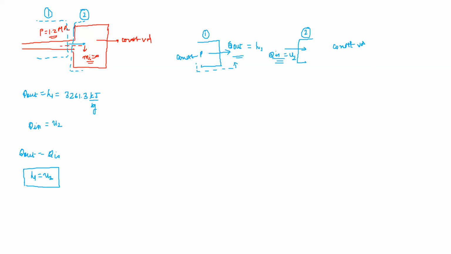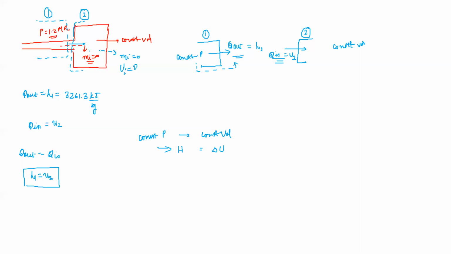So in general, keep this in mind: whenever we are taking anything from a constant pressure process to a constant volume process, the change in internal energy over here is equal to the enthalpy that is entering. Initially there was no internal energy at all because the mass was 0, therefore U would also be 0.